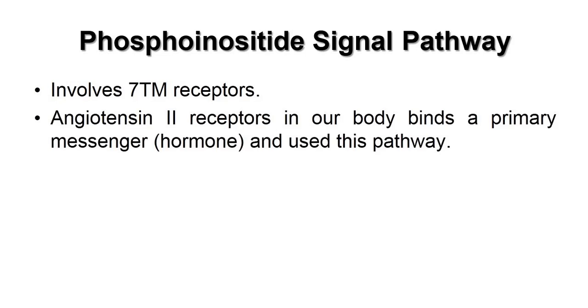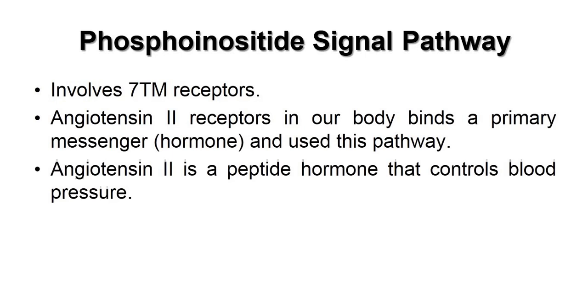The angiotensin 2 receptors in our body bind a primary messenger which is used in the pathway. To give you a background, angiotensin 2 is a peptide hormone that controls our blood pressure. Students, our kidney secretes a hormone called renin.